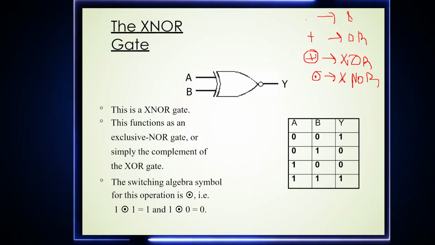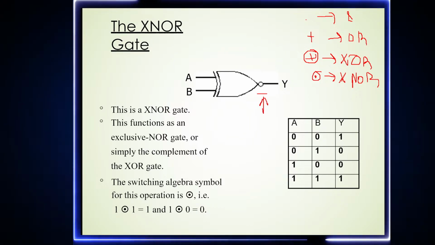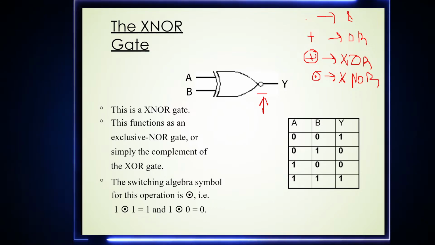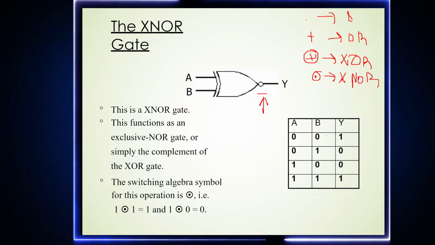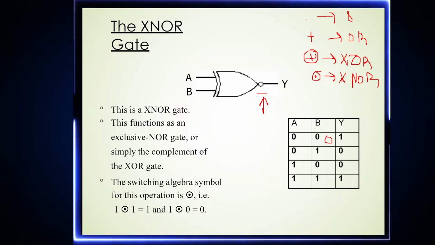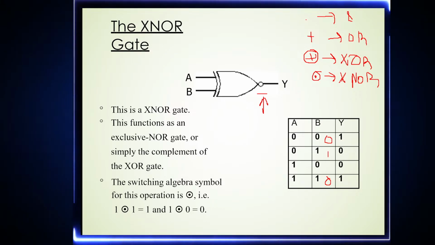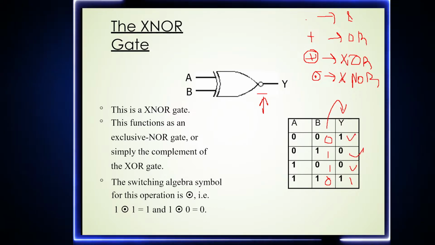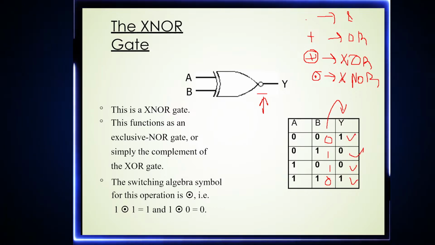You can see the difference between an XOR and XNOR: you just add a bubble at the output side. And what would happen? Just invert the XOR truth table. Our XOR truth table was 0 when the inputs are the same, and 1 otherwise. Just invert this, and you would get the truth table for XNOR.